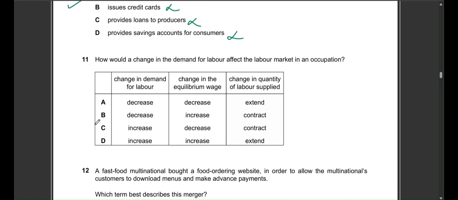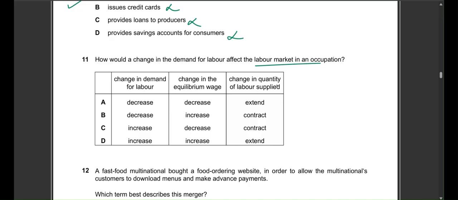Okay, now the next question. How would a change in demand for labor affect the labor market in an occupation? Okay, so I guess we have to just sync it, and see which is the correct option. Okay, so change in demand for labor decreased, so change in the equilibrium wage decreased.